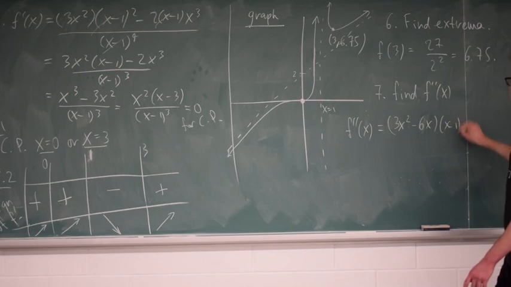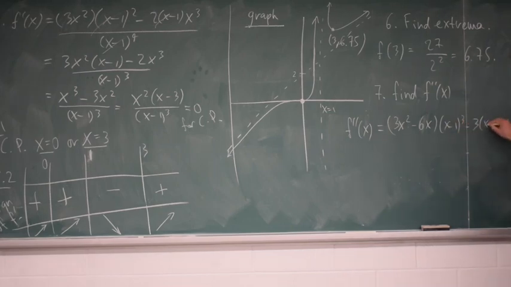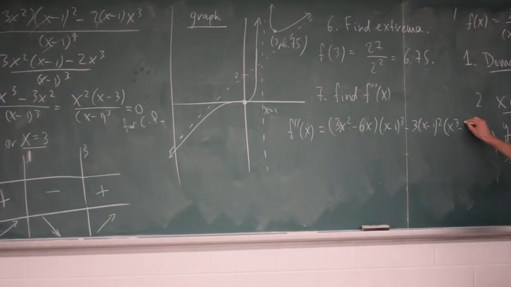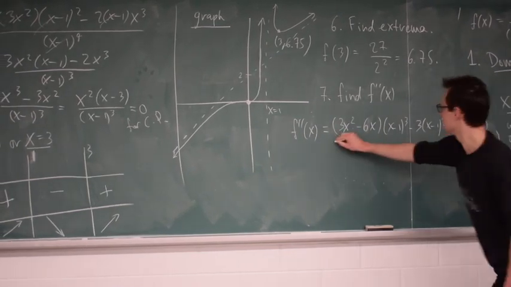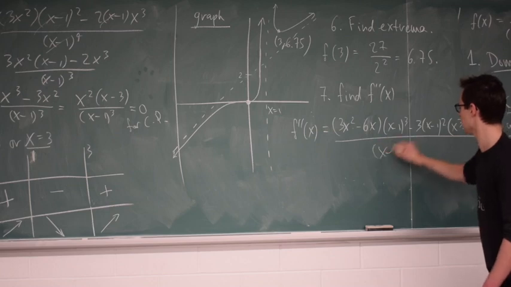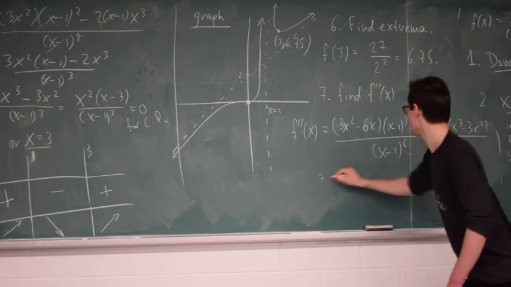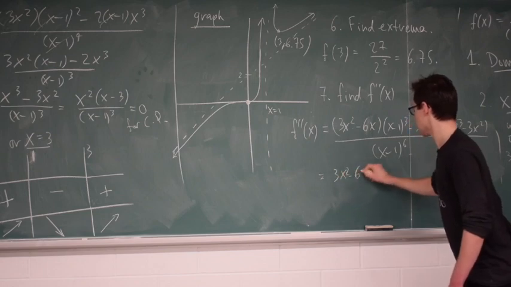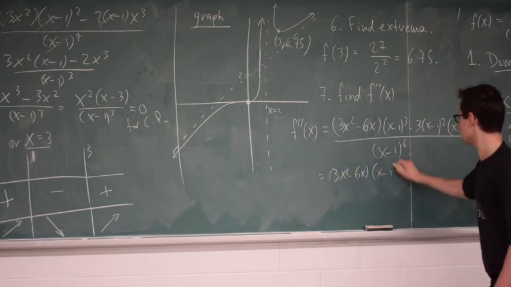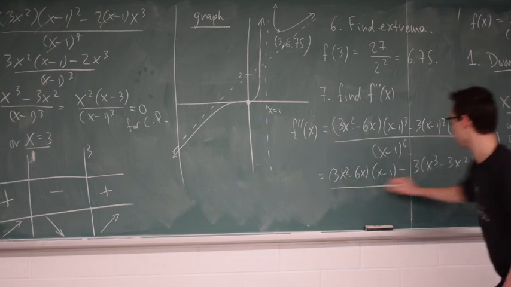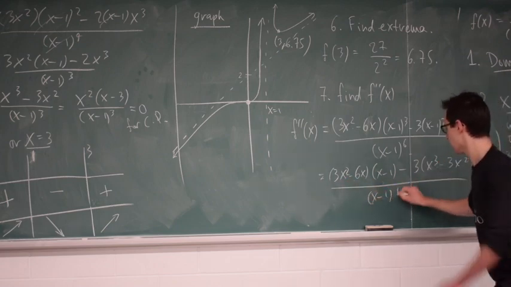Times x minus 1 cubed minus 3 times x minus 1 squared times x cubed minus 3x squared. Let's just do this real quick, okay? To the power 6, cancel, cancel, cancel. We get 3x squared minus 6x times x minus 1 to the 1, yeah, minus 3 times x cubed minus 3x squared over x minus 1 to the 4.